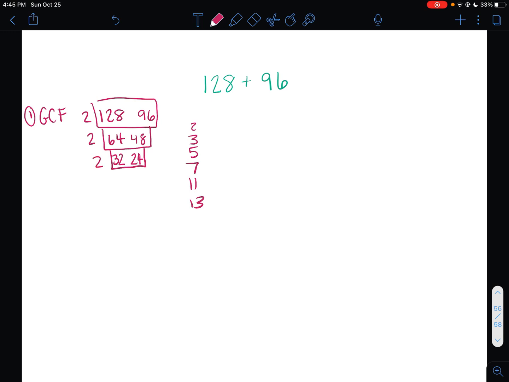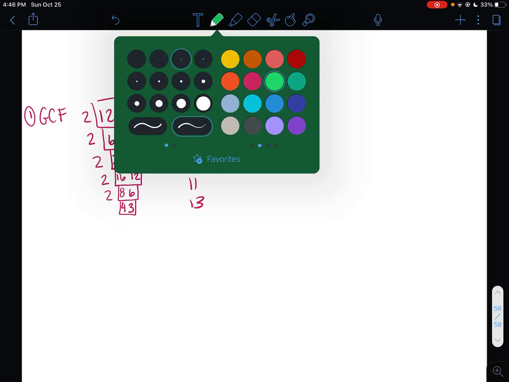Oh, they're still even, so I can still divide by 2. 32 divided by 2 is 16. 24 divided by 2 is 12. Holy moly, this is a big cake. Okay, so still even. Still can divide by 2 to get 8 and 6. And they're still even numbers, so I'm still dividing by 2, to get 4 and 3, which 3 is prime, and 3 is not a factor of 4, so I know I'm done.